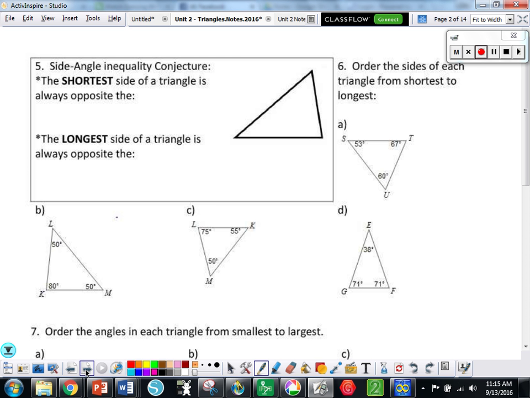So looking at problem C, which of the 3 angles is the smallest? M, right? Because M is the smallest, that means the side that's across from it is the shortest side. So LK is the shortest, because it's opposite the smallest angle. The shortest side is opposite the shortest angle.